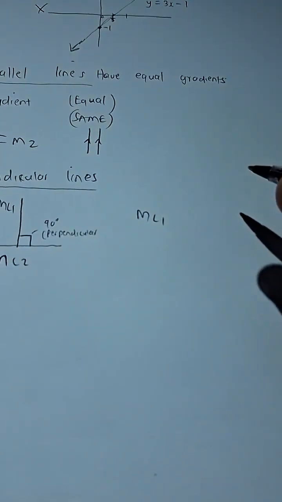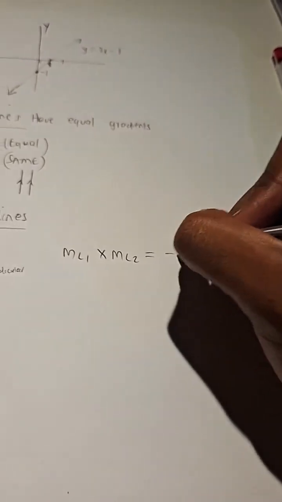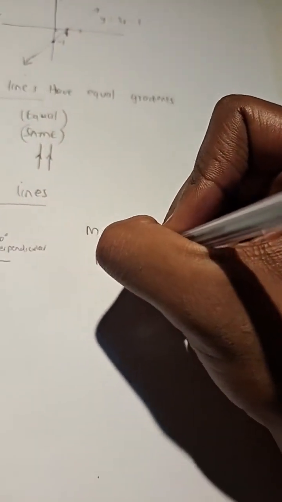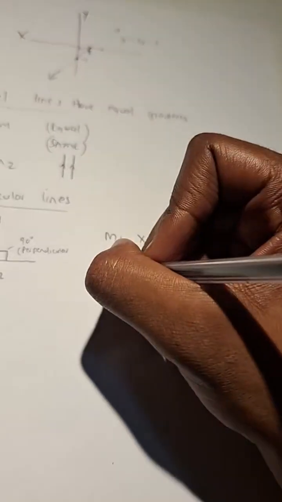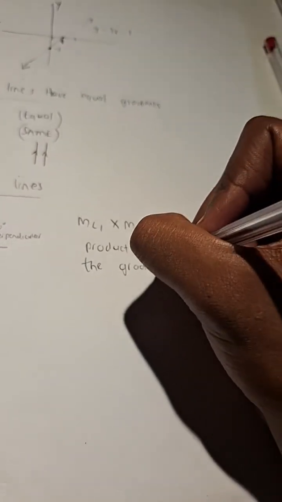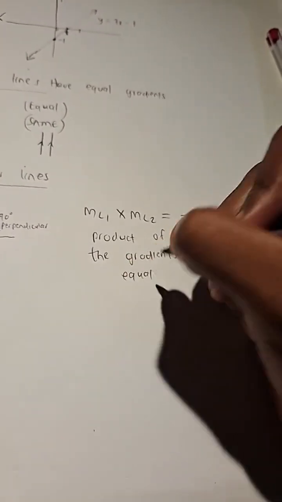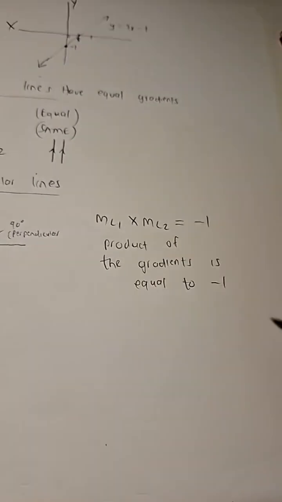The gradient of line 1 times the gradient of line 2 is equal to -1. In other words, the product of the gradients is equal to -1.